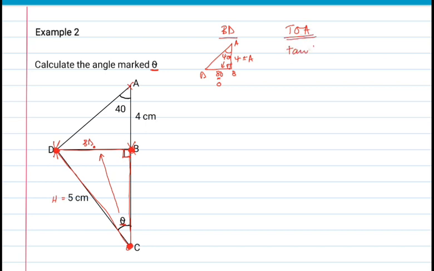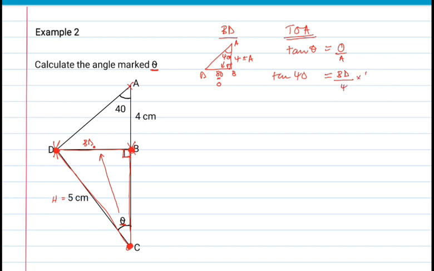Then we have tan theta equals opposite over adjacent, which is equal to tan of 40 degrees being equal to our opposite, BD, all over 4.